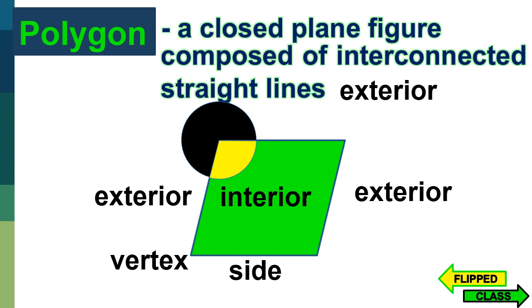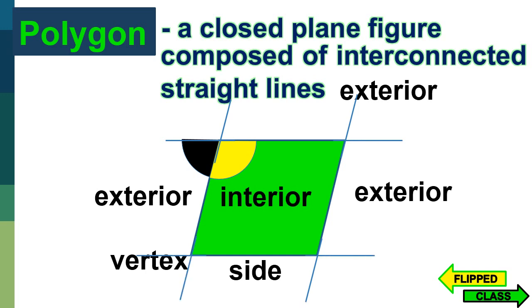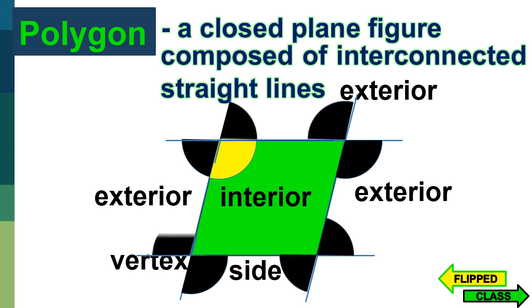So it's not this black shaded portion, but it's actually this part here. Aside from this exterior angle, in this given polygon, we can have 7 more exterior angles by extending each side and locating an angle which is a linear pair of a given interior angle. So here are the exterior angles of the given polygon.